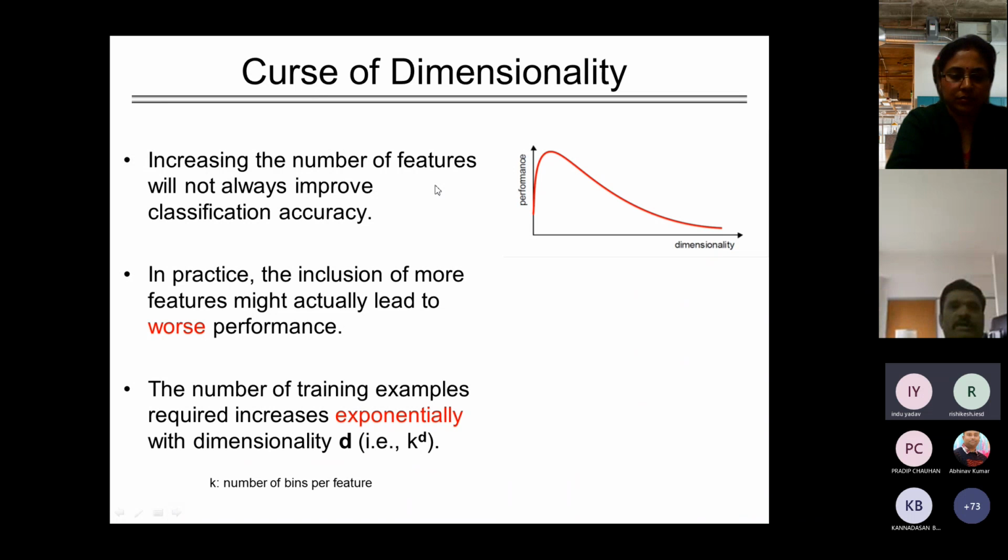In practice, the number of training examples required increases exponentially with dimensionality. It increases the number of bins per feature.